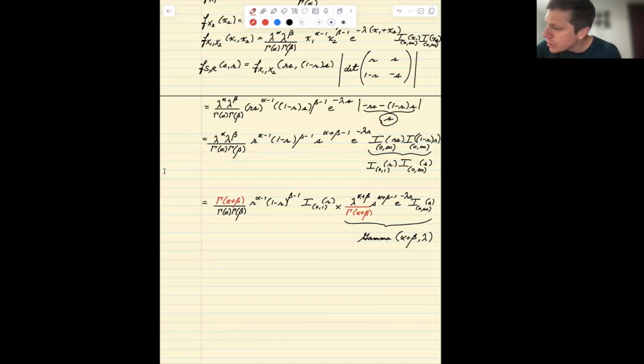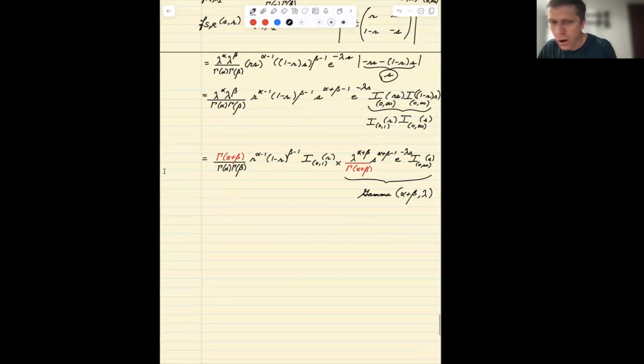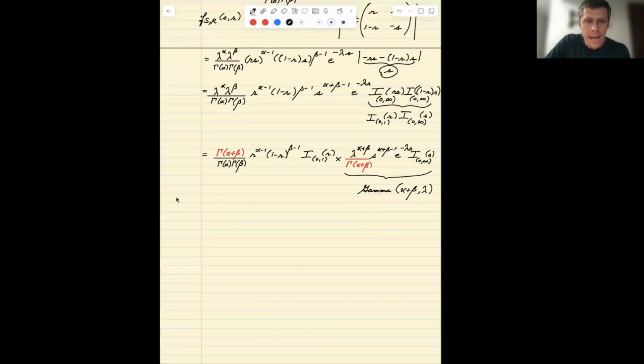Okay. So we should have expected that S would be a gamma because it's the sum of independent gammas. The sum of independent gammas is a gamma, which we've derived before. And now here what we see is indeed that is the case, and S is independent of R. And R has what's called the beta distribution.